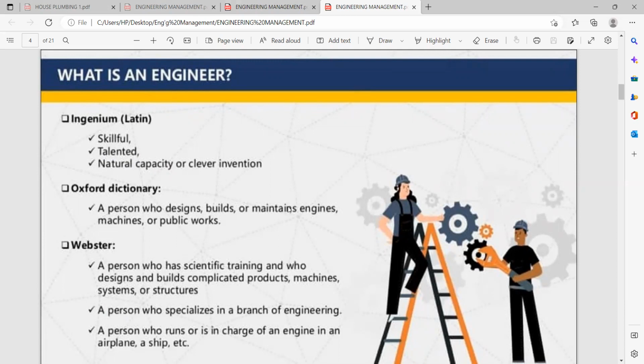And again, another definition from Webster: a person who has scientific training and who designs and builds complicated products, machines, systems, or structures. It is also a person who specializes in a branch of engineering and who runs or is in charge of an engine in an airplane, ship, etc.